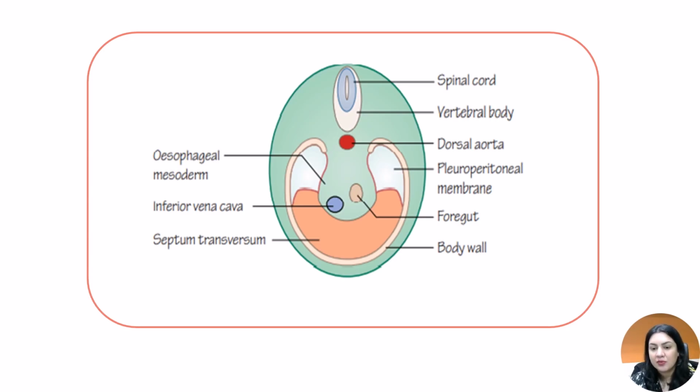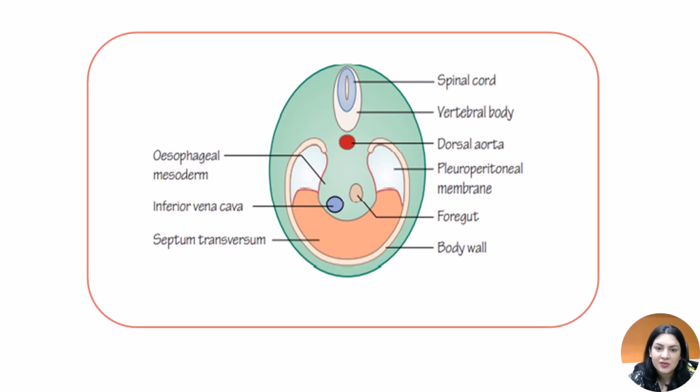That means it's going to receive its innervation from those cervical nerves, specifically the C3, C4, and C5 spinal nerves, which collectively come together to form what is known as the phrenic nerve, which plays an important role in controlling and innervating the diaphragm, so controlling its contractions, and so basically helping with the process of breathing.